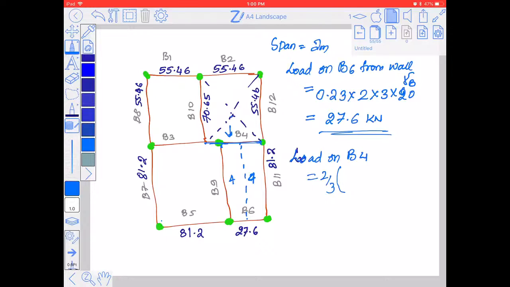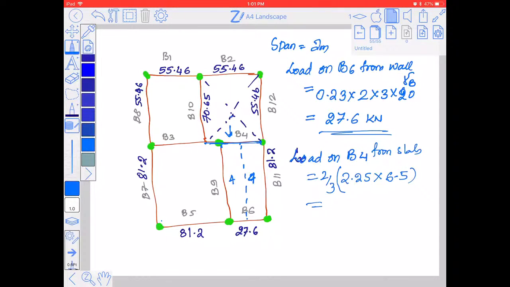Is 2 by 3 clear? Why am I taking 2 by 3? Because the span of the beam is only 2 meter, whereas for this panel I can calculate the area. So the load on B4 from the slab is 2 by 3 of 2.25, the total area, into the intensity 6.5.